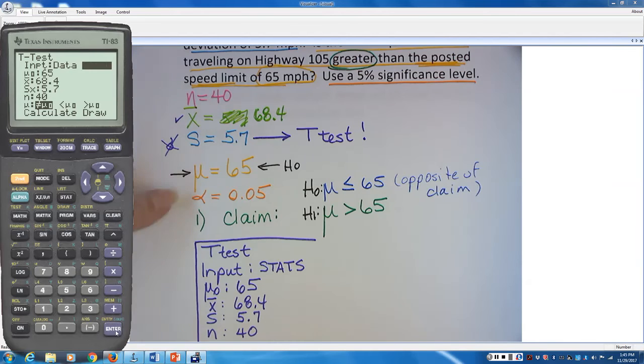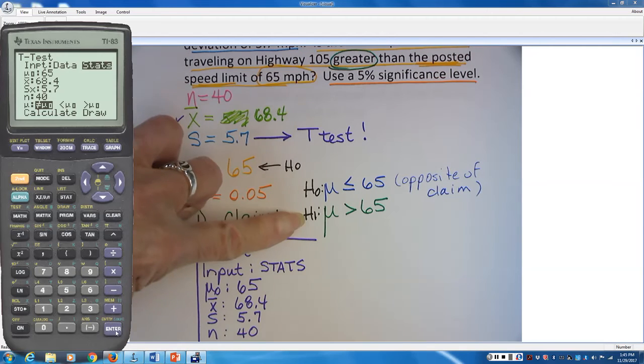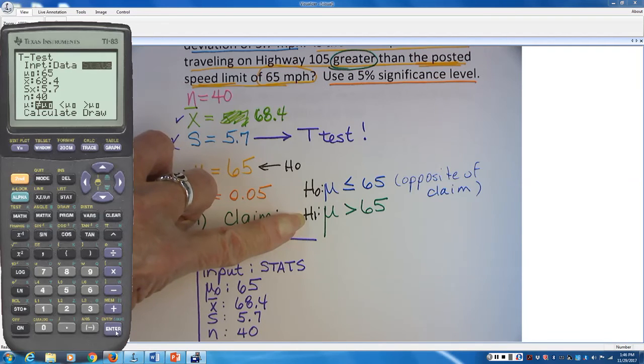Then we need to let H1 do its job. What does H1 say about mu? Not equal to, less than, or greater than. It says greater than.